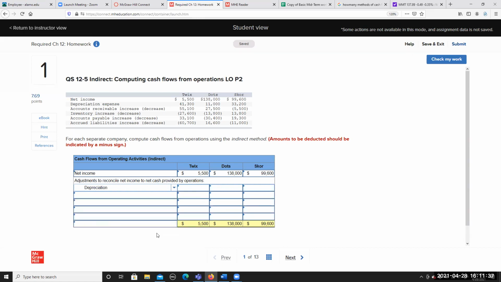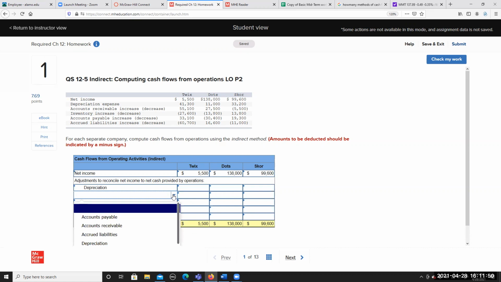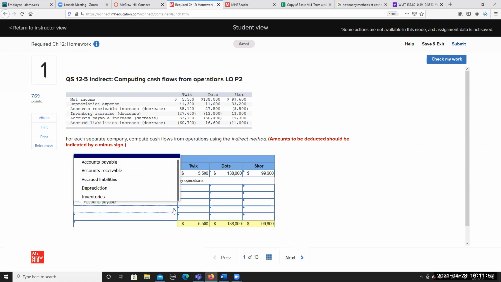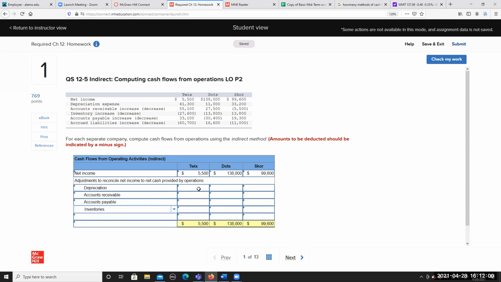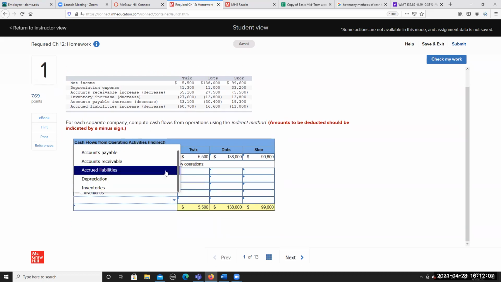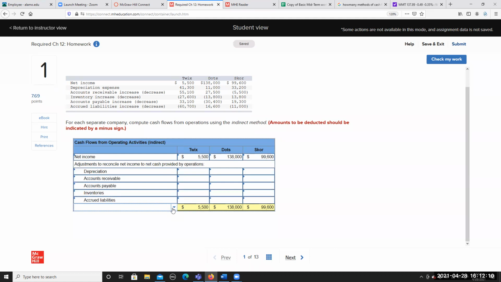So you add back depreciation because it's a non-cash expense, just like amortization of intangibles, and depletion, those are estimates. So they're non-cash expenses. Then you have accounts receivable. What about the change in receivables? What about accounts payable? What about the change in your inventories? So you have to put the change here. And then that'll tell you anything we're missing. Yeah, accrued liabilities. And then that'll give us our cash from operations.